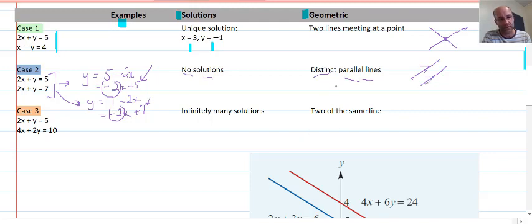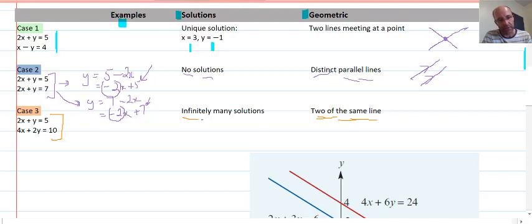So a unique solution or no solution, or thirdly, we've got a possibility of infinitely many solutions. We find that when the equations are like that, there's a multiple that one of the equations needs to be multiplied by to get exactly the same as the other equation. So you basically have two of the same line, one right over the top of the other.